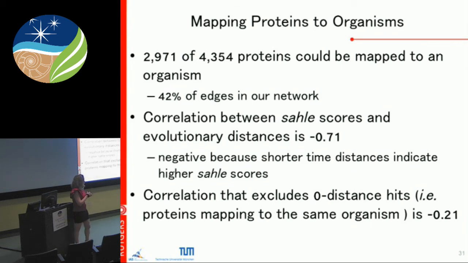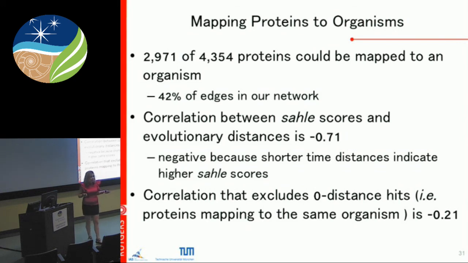So in 3,000 cases of the 4,354 proteins in our network, we can map them to an organism. And we can figure out that 42% of our edges in the network correlate to the distance between the organisms.